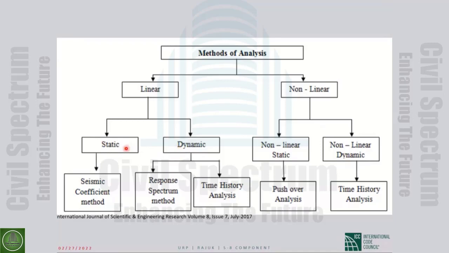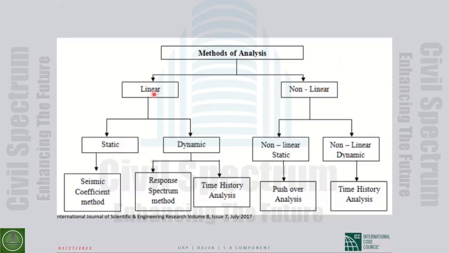So if we have a building with many irregularities with respect to mass and stiffness, it's better to do dynamic, either linear dynamic or non-linear. If we have a building with lots of strength irregularity, better to do non-linear in a very general sense.